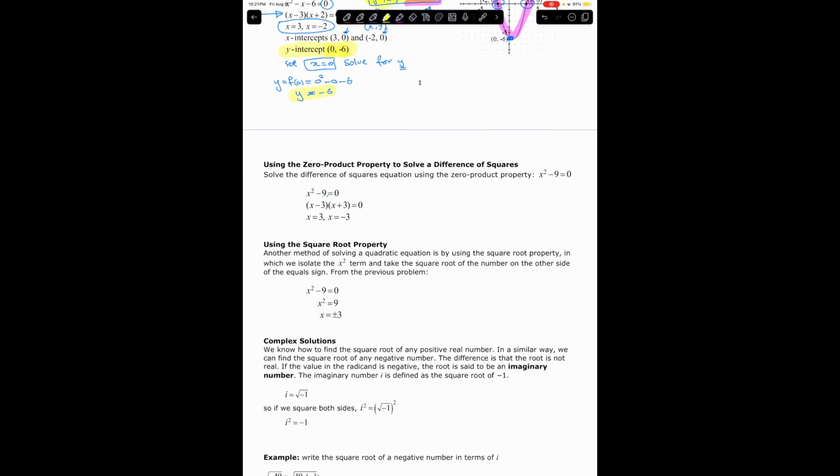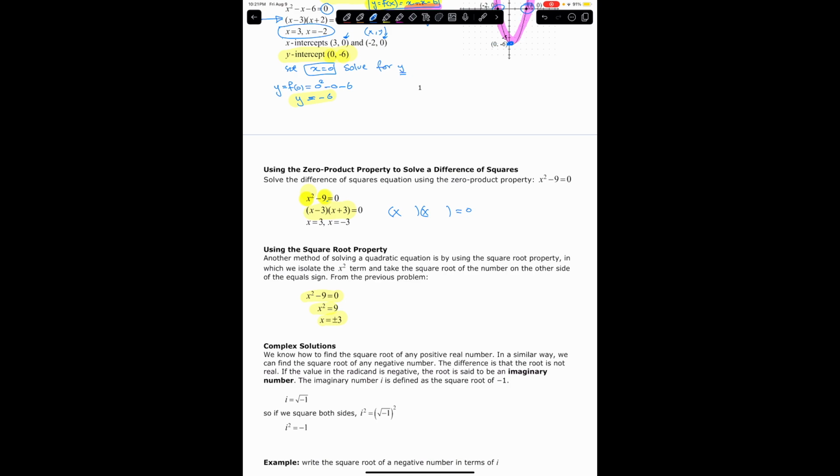Another form of factoring is when you have a difference of squares. If you have a difference of squares, you can still factor, or you can use the square root property. If you factor, the factorization is going to look like this. As you notice here, the middle term is 0. So you're going to say, I want two numbers.